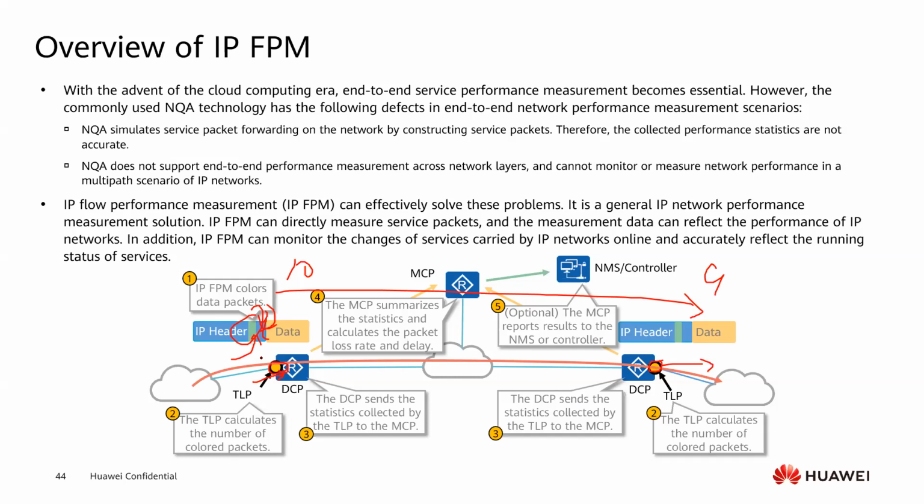If you get a delay, you will get a jitter, right? So this is IP FPM. Since IP FPM puts the color into the real traffic packet, it is much more accurate compared to the NQA.